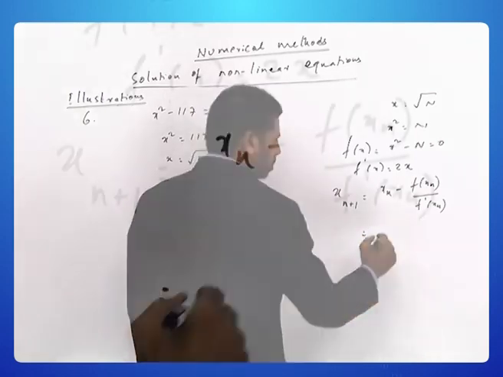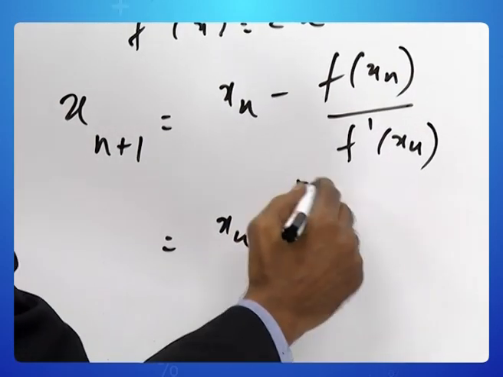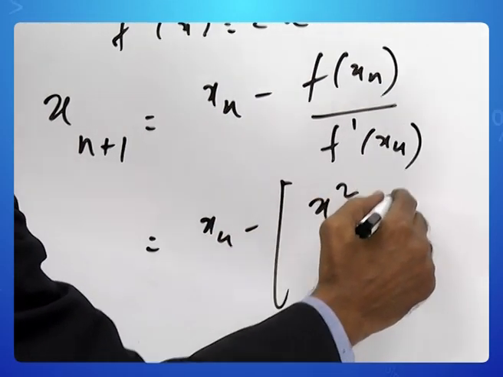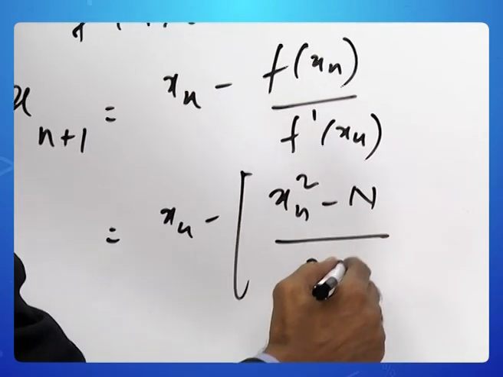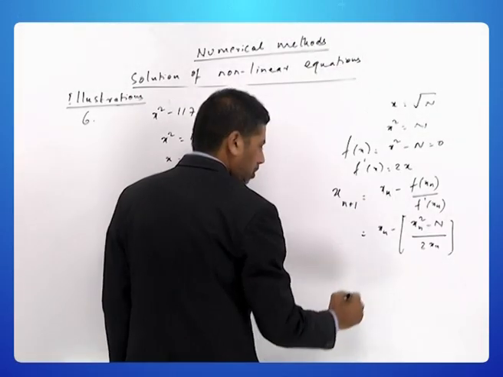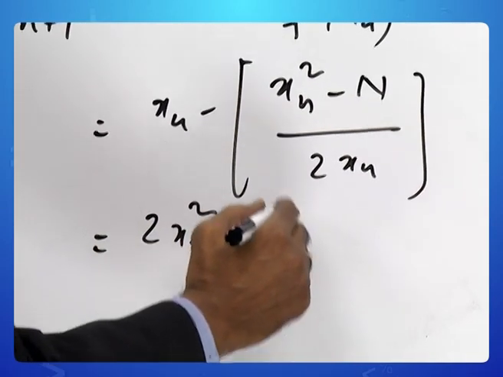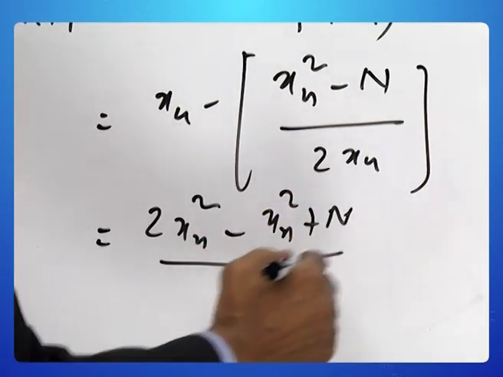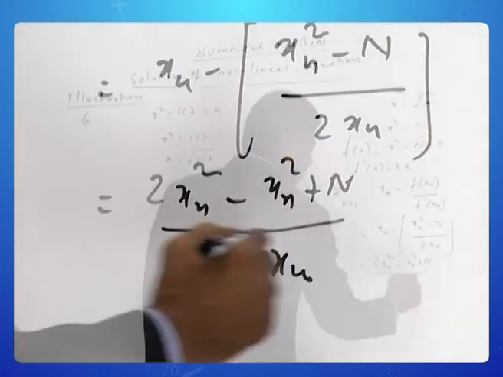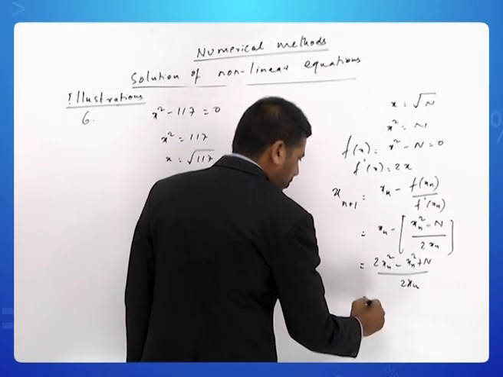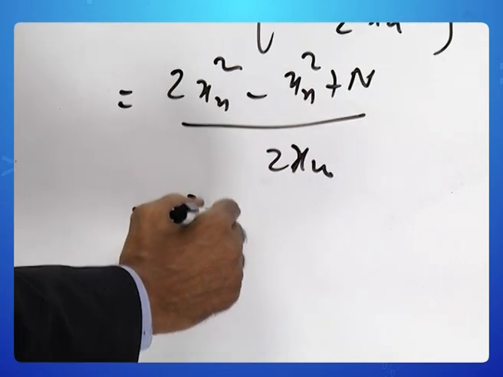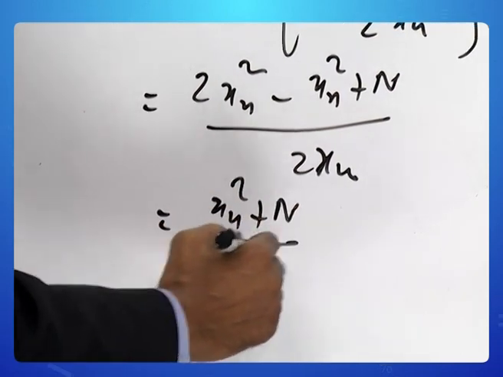So this will be xn minus (xn squared minus capital N) by 2xn. So this will be (2xn squared minus xn squared plus N) by 2xn. So this will be (xn squared plus capital N) by 2xn.